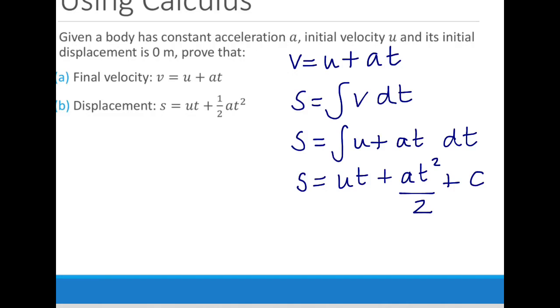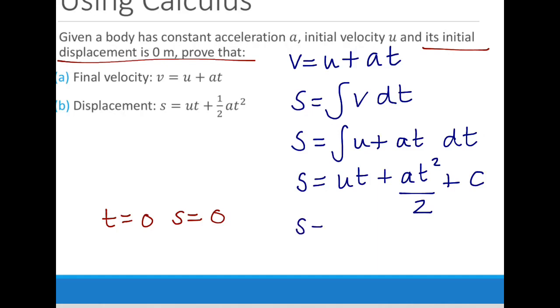So going back here, I'm told its initial displacement is 0. So initial means at the beginning when time t equals 0. So I know that when t equals 0, s equals 0. So let's put that information in now.